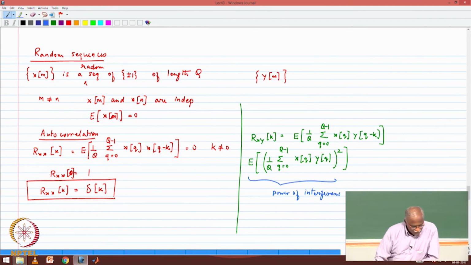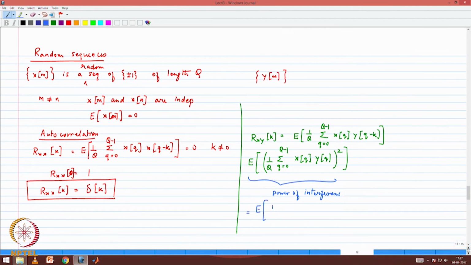So when I write down this form, I will again go back to the form that we had written down earlier. It becomes 1 by Q squared summation q equal to 0 to Q minus 1 x of q y of q, summation m equal to 0 through Q minus 1, different index, x of m y of m.